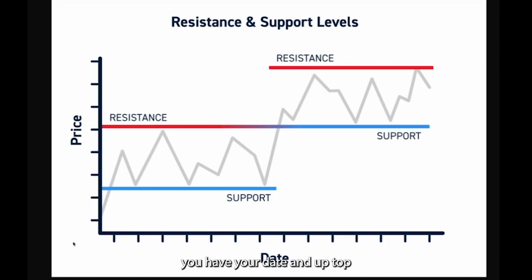So at the bottom you have your date, and up top you've got your price action. For a support zone, what we're looking for is the stock or the asset moving down where demand for shares exceeds supply and price action slows down and potentially reverses. So when we see price action heading towards a zone and we start seeing demand overtaking the amount of supply, that is when we get areas of potential support.